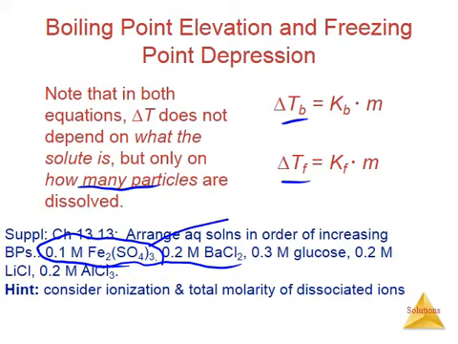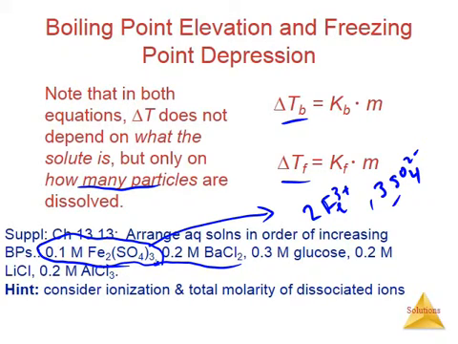But let me show you how we can find out the number of particles. Ferrous sulfate, that would break down into, this is ferric sulfate, I'm sorry, this is not ferrous because of this 3. So that 3 came from iron plus 3. So 2 Fe3+ and 3 SO4 2-.